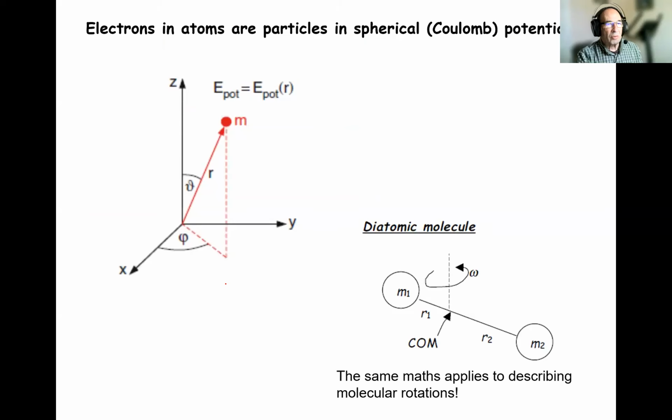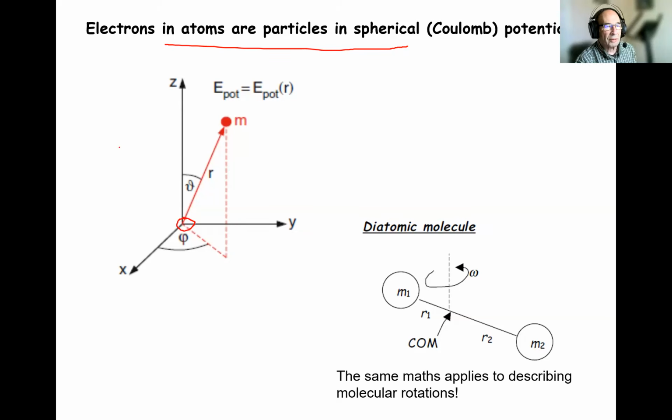So, first of all, we need to come back to this notion of atoms. Electrons in atoms are particles in a spherical or Coulomb potential. So basically, here we have some nucleus, which is small, but it is charged positively.